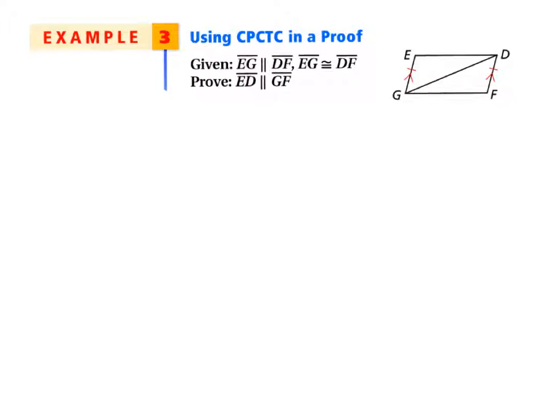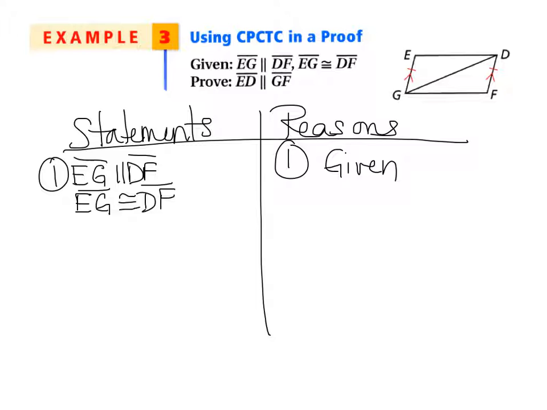Example number 3. Given that we know segments EG and DF are parallel and congruent, I want you to prove that ED and GF, those segments, are also parallel. So let's start our proof. Now let's try to develop a plan. Remember, in order to prove lines parallel, we either have to have a transversal with perpendicular lines, which we don't have, or we can prove angles congruent, which we do have.